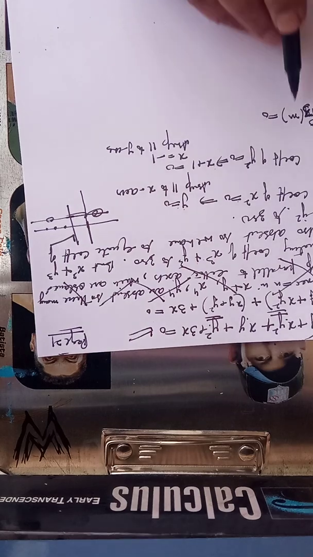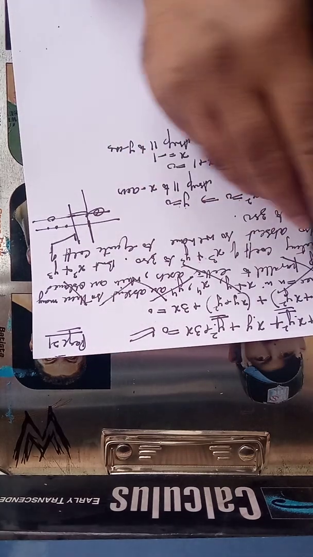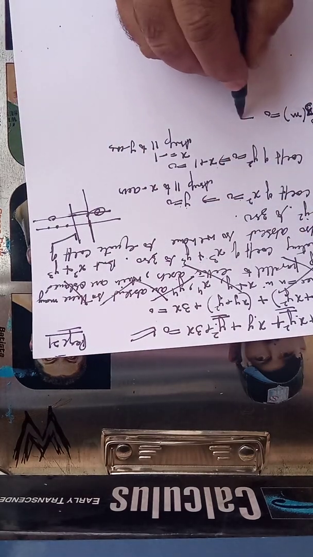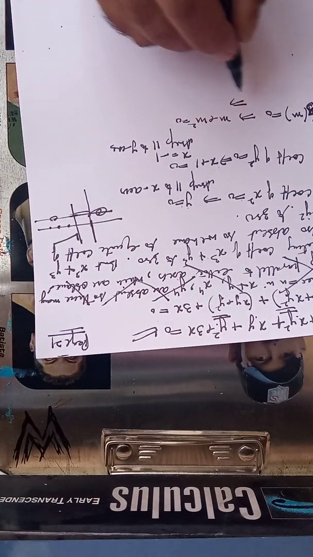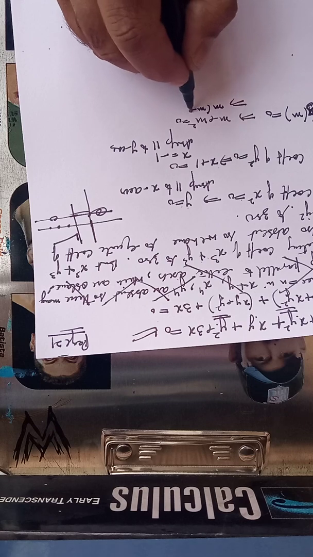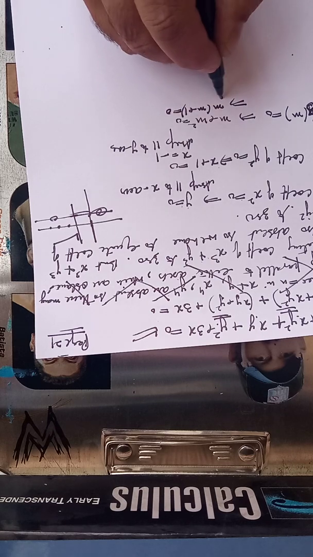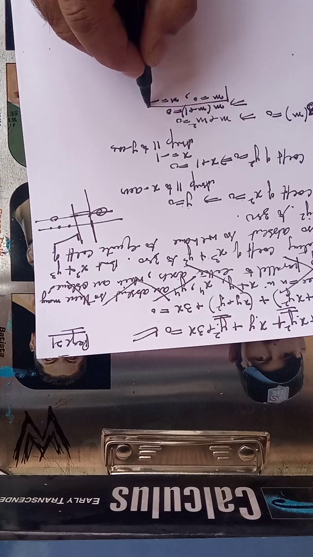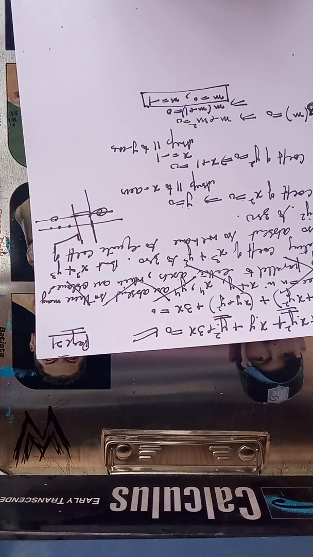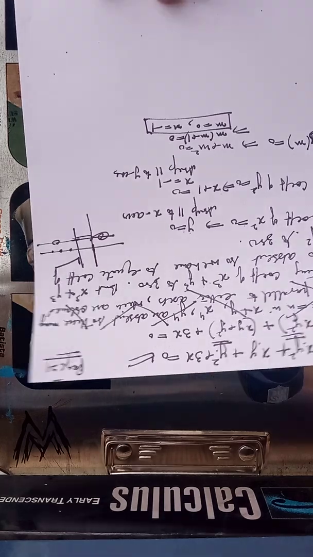Okay, now phi 3m. This is m plus m square equal to 0, means m into m plus 1 equal to 0. So m equal to 0 and m equal to minus 1. So you have two values of m. Corresponding to two values of m, you will get two values of c. Therefore, two oblique asymptotes.